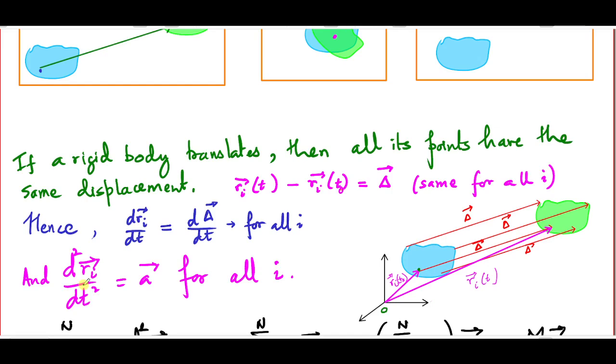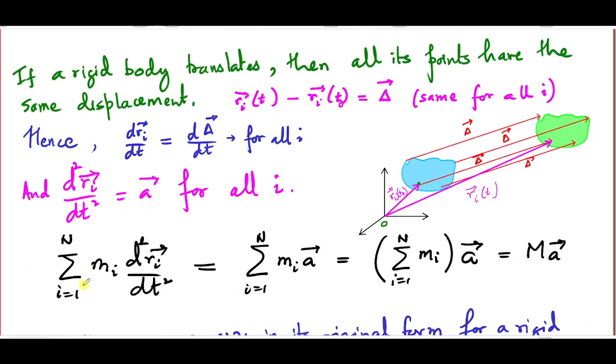So what we have is a situation where the sum on the left hand side of our version of Newton's second law, that is sigma i going from 1 to n, mi d2ri/dt2, can be simplified considerably. All the terms here, each and every one of these factors d2ri/dt2, are the same, namely a, which we can now call the acceleration of the body itself.